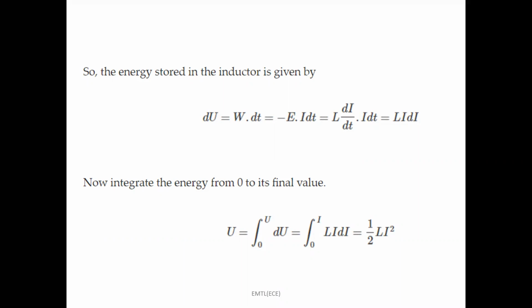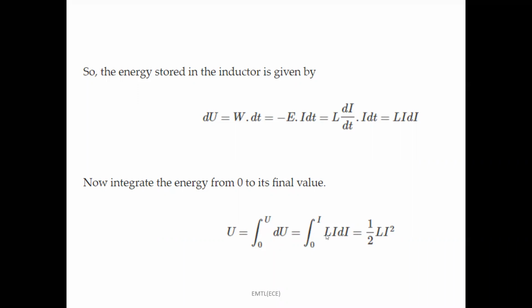Whenever we switch on, the current gradually changes and reaches a value I. That means the current varies from 0 to I. Now, integrating on both sides, dU from 0 to U, that is the work done, and variable current from 0 to I.